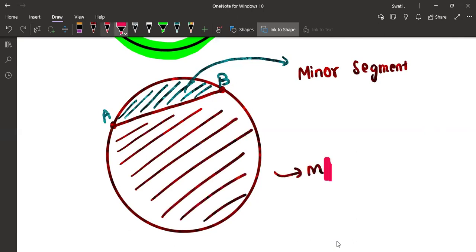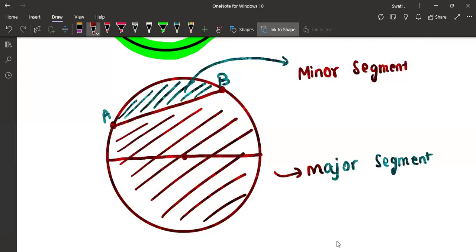Okay. Can you also tell me, if I draw the longest chord in this circle, that is also called something else? My question is, if you draw the longest chord in a circle, don't you think, Manya, that if you draw one chord which will pass through the center of a circle, that is going to be the longest chord?